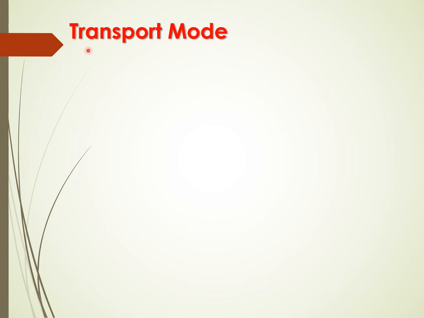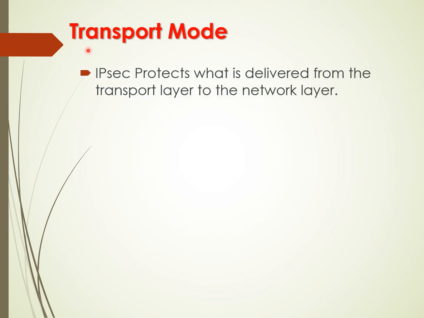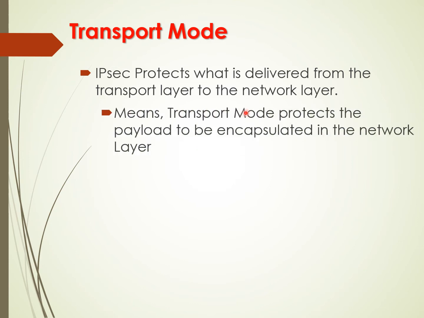In the transport mode, IP security protects what is delivered from the transport layer to the network layer. Actually, we are protecting the payload. That means transport mode protects the payload to be encapsulated in the network layer. In the network layer, what we need to send is the payload, and that payload is protected by encapsulation or encryption, but not the IP header.